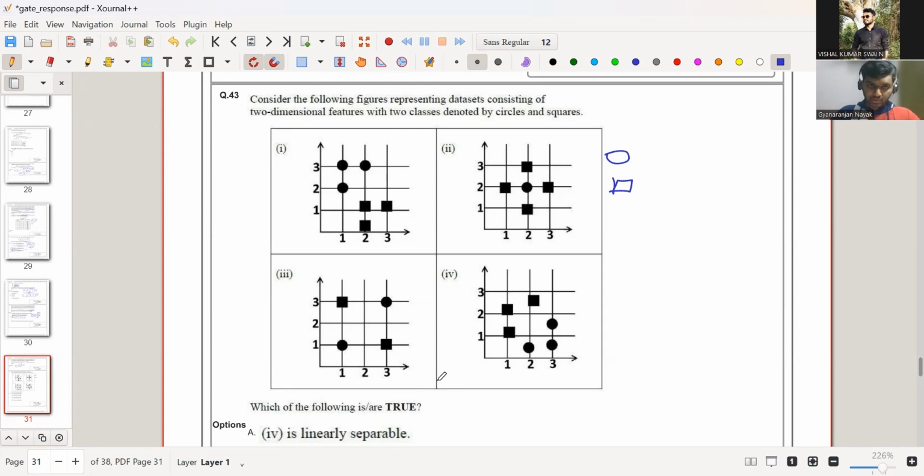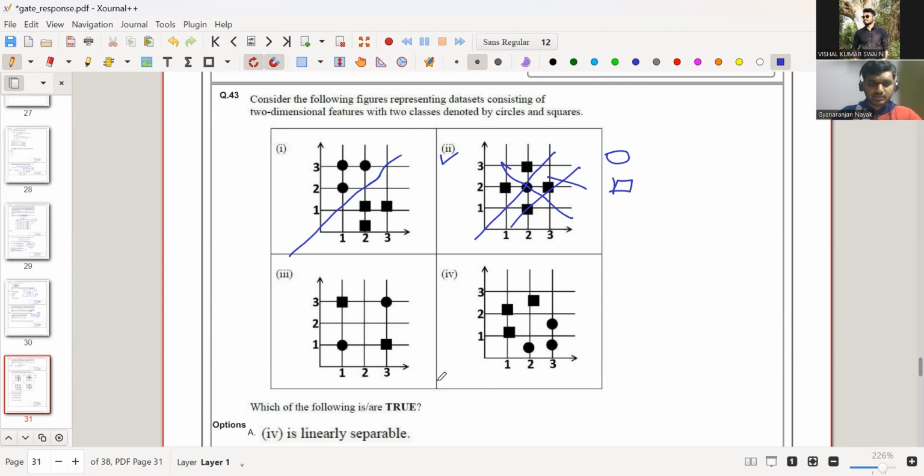You notice this line is linear separable for circle and square. If you see option II, you notice it is not linear separable. If you draw this line, it is not linear separable. If you draw this line, it is also not linear separable.